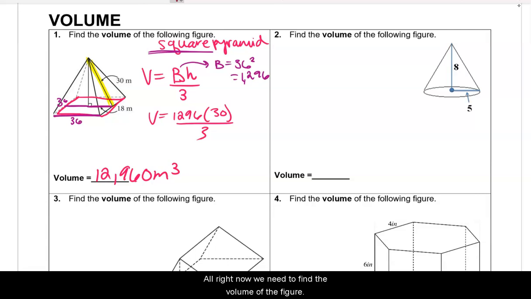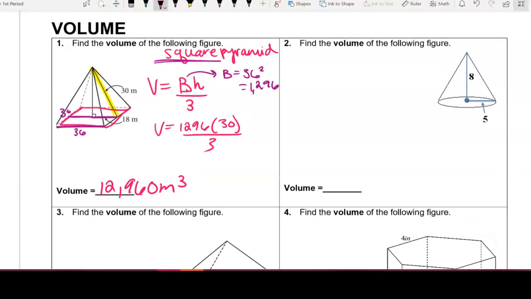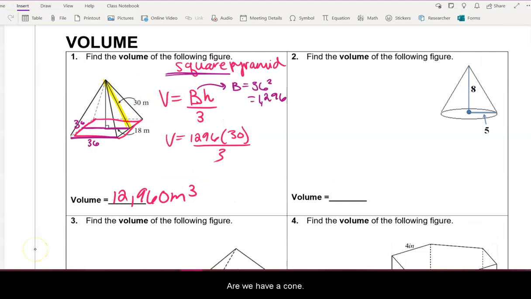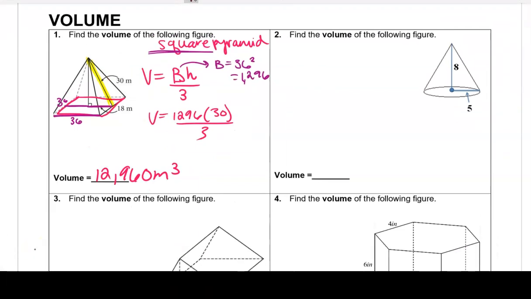All right, now we need to find the volume of the figure. Here we have a cone, and our cone formula is pi r squared times the perpendicular height divided by 3.